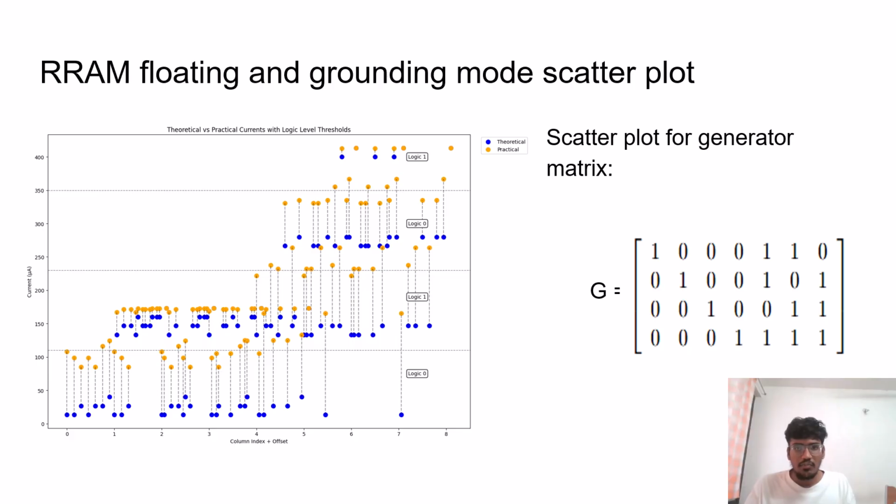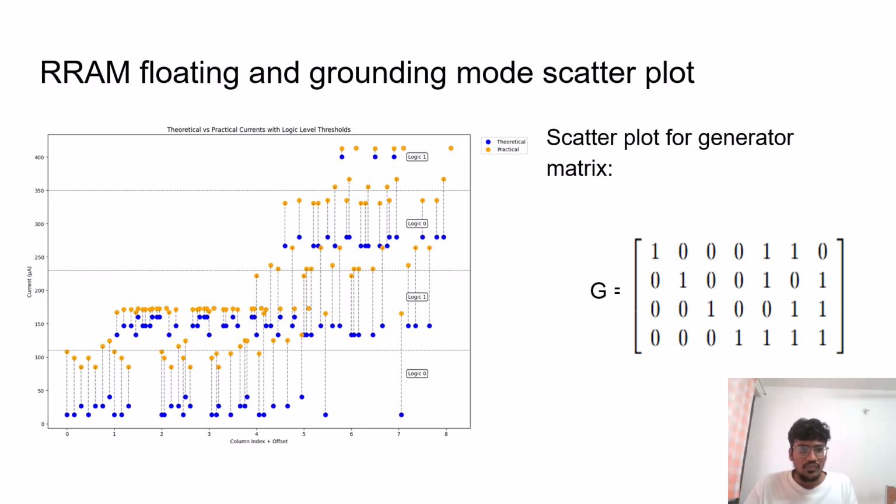Here we can see the scattering plot for the same generator matrix for the Rram operating in both floating mode and grounding mode. In floating mode, we see that the practical currents have a huge variation from the theoretical currents. The threshold is 110 volt. A few currents cross this threshold, so they will be decided as logic 1 instead of logic 0, which will be an error, that is, a bit flip that we can see in the encoded matrix.